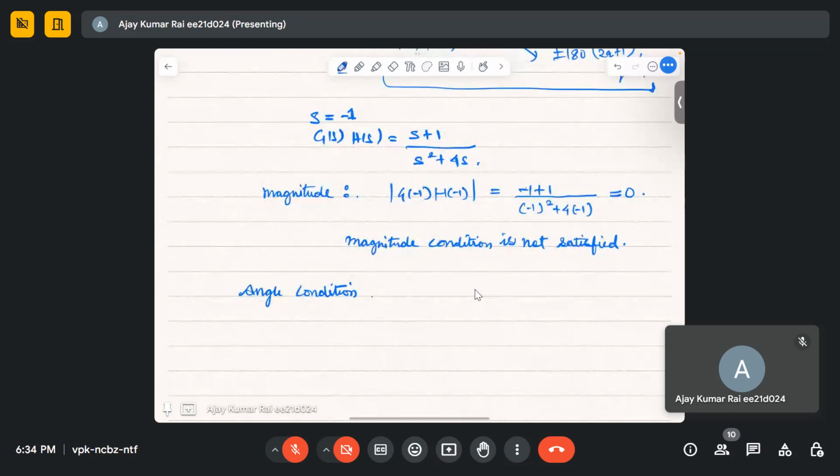Okay, so what will you get here? G(s)H(s), let me write it once again: (s plus 1) over s into (s plus 4).